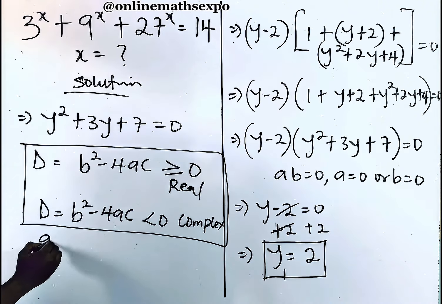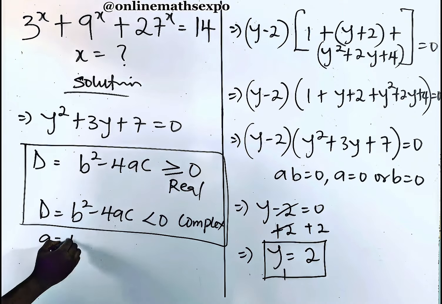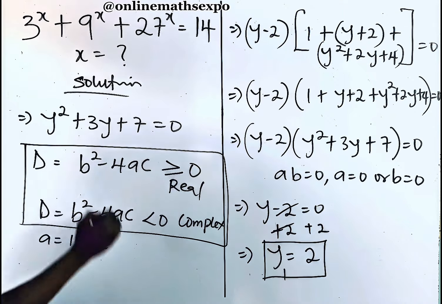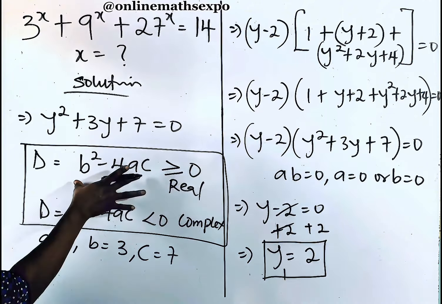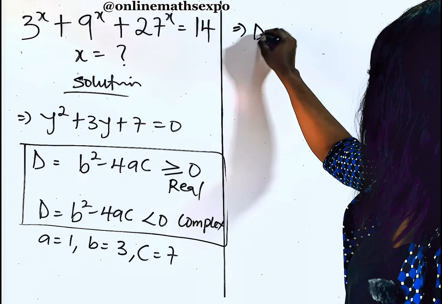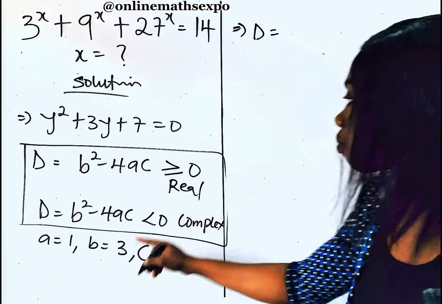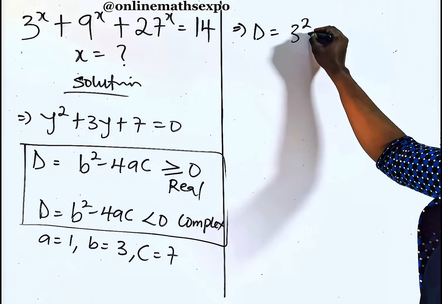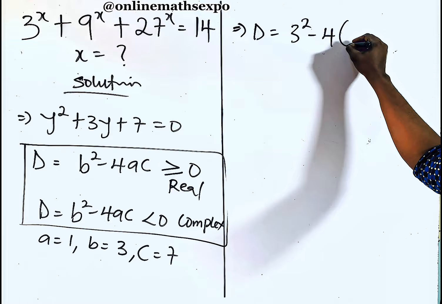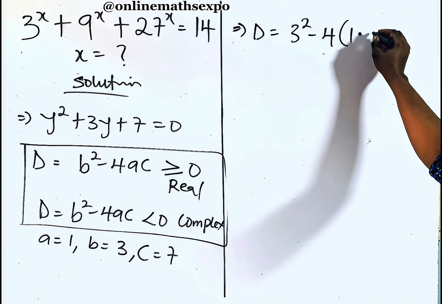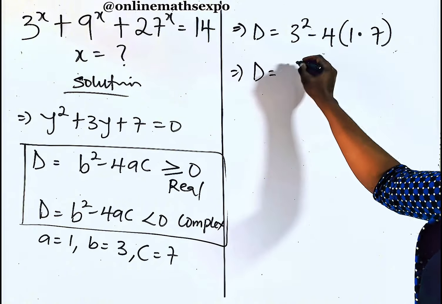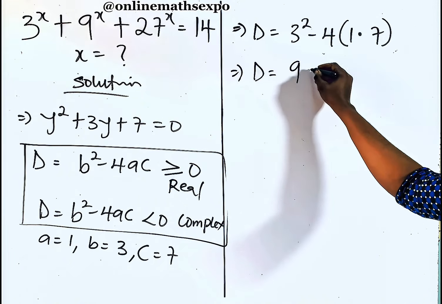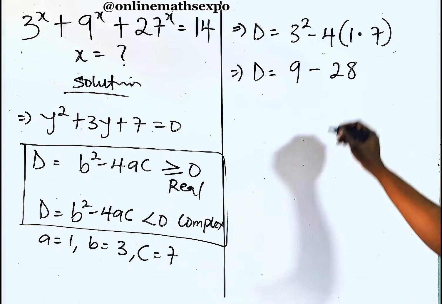Remember, your A is the coefficient of y squared, which is 1. Your B is the 3, and your C is 7. Let's plug this here to have D is equal to, our B is 3, so we have 3 squared minus 4 multiplied by 1 multiplied by 7, and it gives us D. This will give us 9, and when you multiply this, it gives you negative 28.